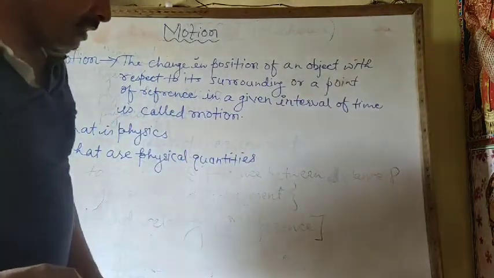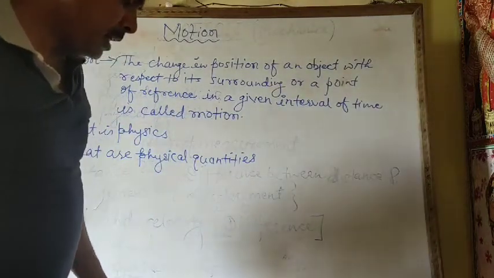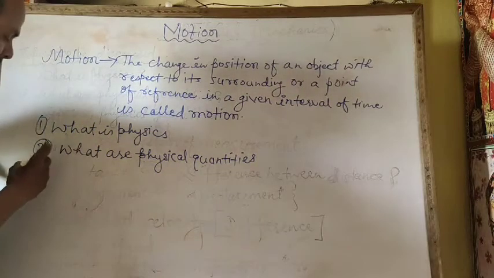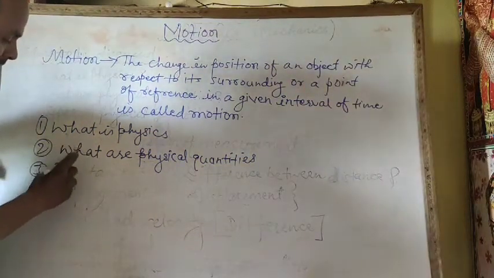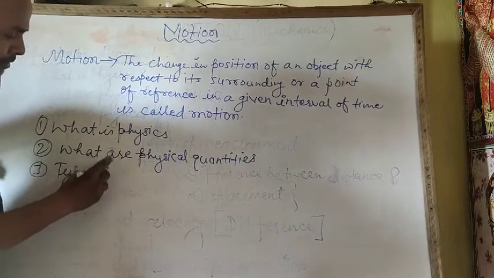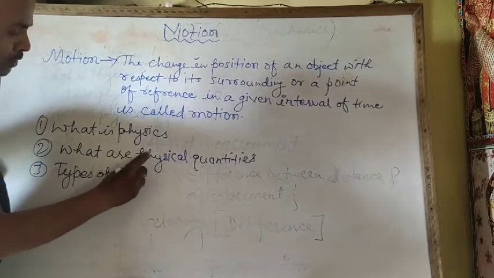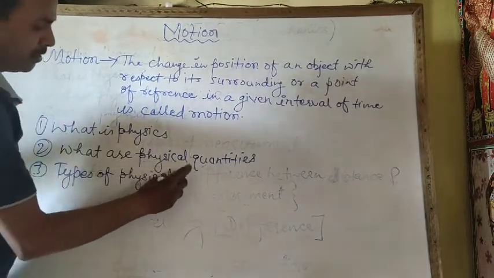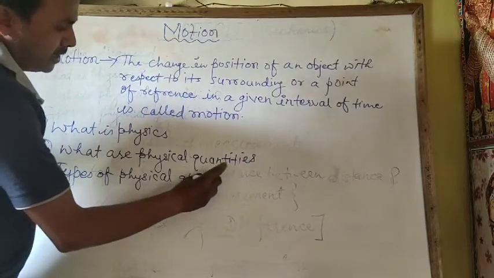The third thing that we have to know about is the types of physical quantities.